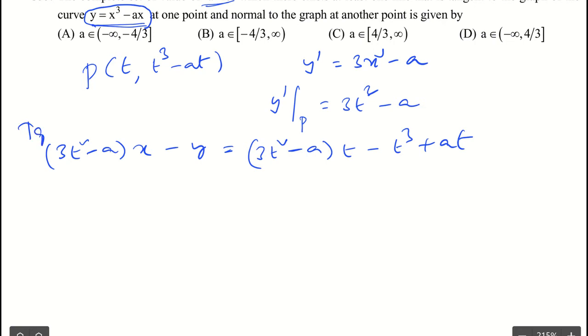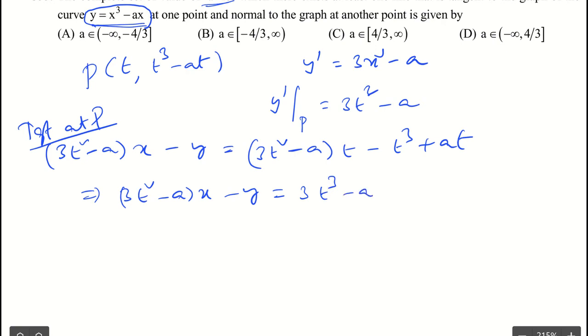This is the tangent at P to the curve. Now simplifying, I have (3t square minus a) into x minus y is equal to 3t cube minus at minus t cube plus at. So I have it as 2t cube.